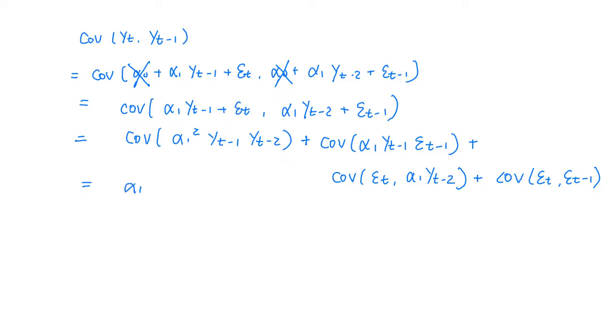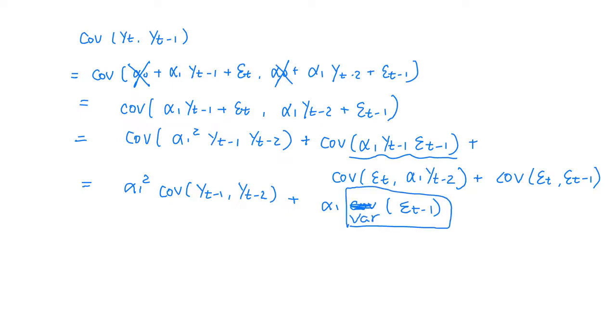You will get alpha 1 squared covariance of yt minus 1 and yt minus 2 plus, what's this? This is going to be the variance, just the variance of epsilon, right?